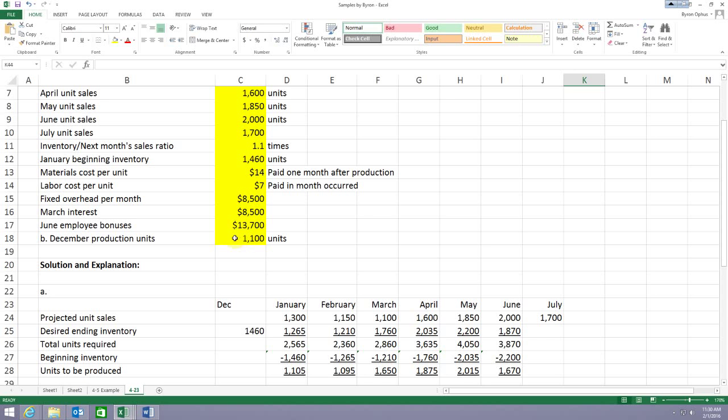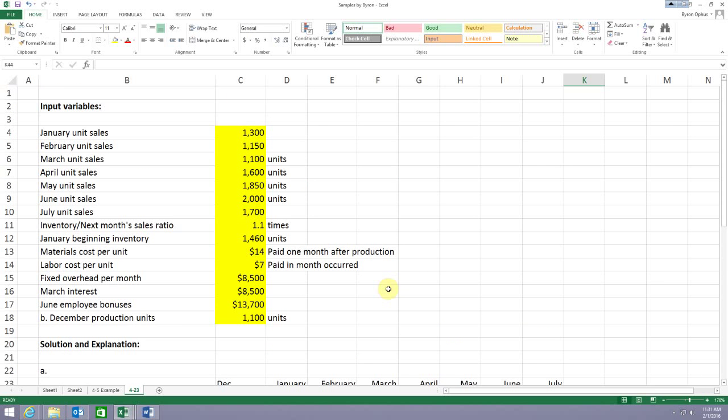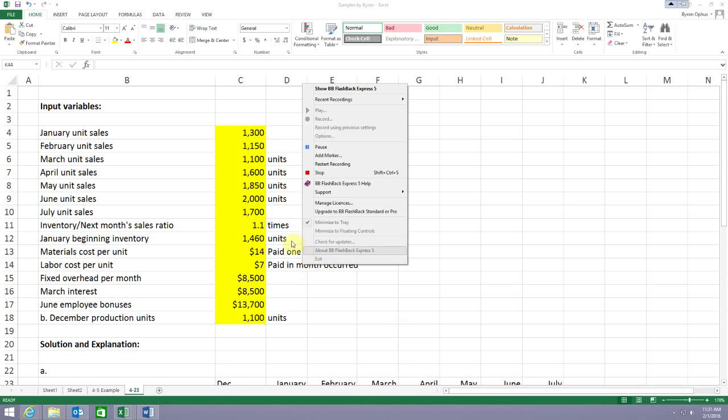Let's see. Okay. I was trying to see where I got the 1,100 from. Let me pause for a second and make sure I got that correct. I got that.